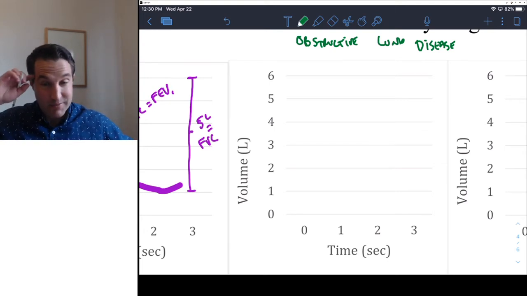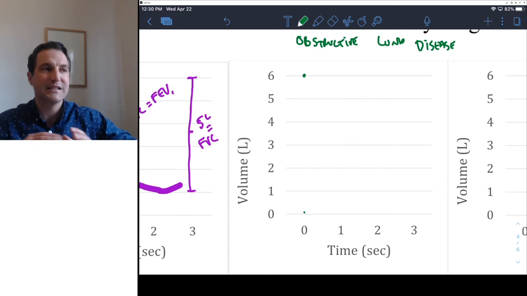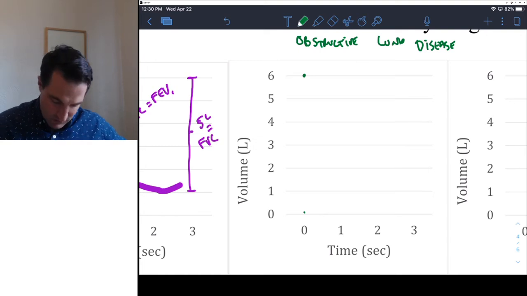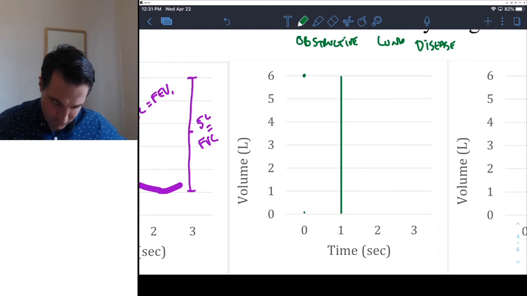Okay, so let's think about this here. We're going to have them start, same thing, right at 6 liters. We're not going to say that their total lung volume has gone up at all, right? But what we're going to do is show that in the first second right here, let's do this right here. Okay, nice vertical line. We'll make this a little bit thicker.